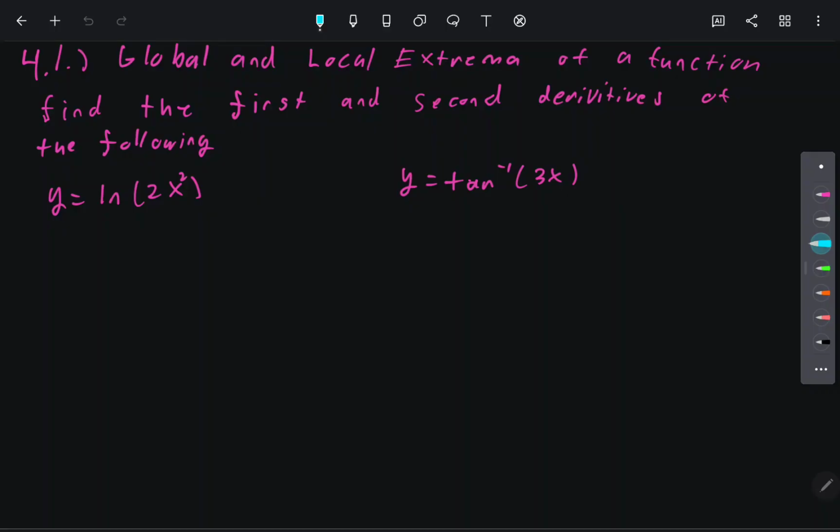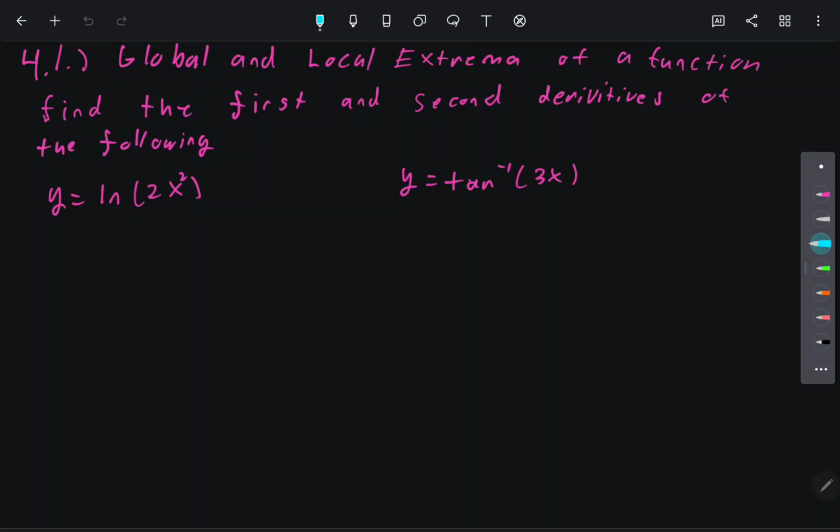That's going to be one of these very important ideas in calculus. So we're starting this off with how we actually find the global and local extrema of a function, and that's really what these first 3 videos are going to be on.